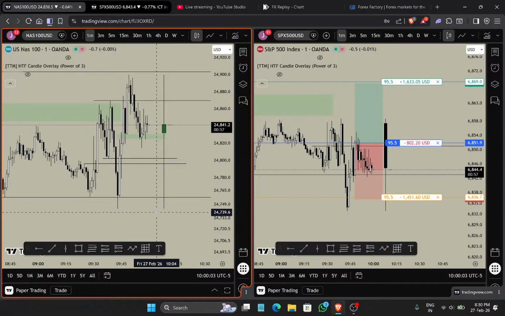Yeah, we did make the second 1 hour candle, and this is where we decide whether we need to go lower or higher. So let's see if we can get a 3 minute entry. Okay. No entry scenarios anywhere.